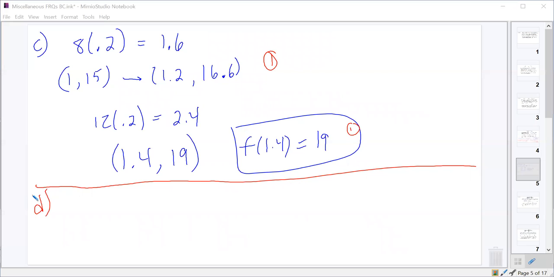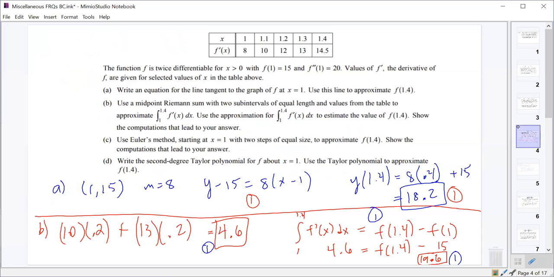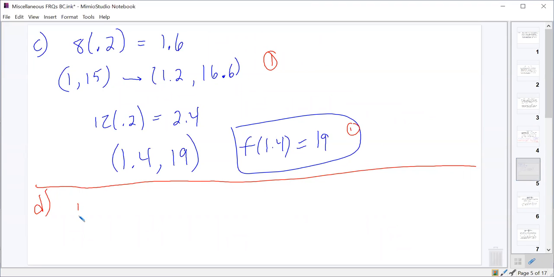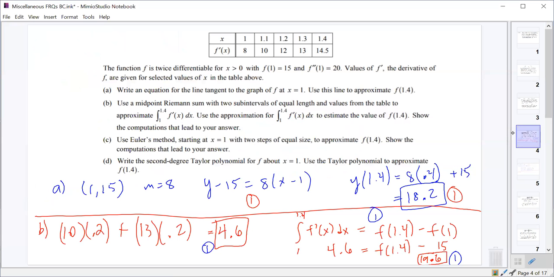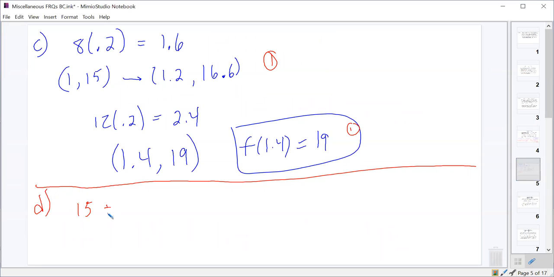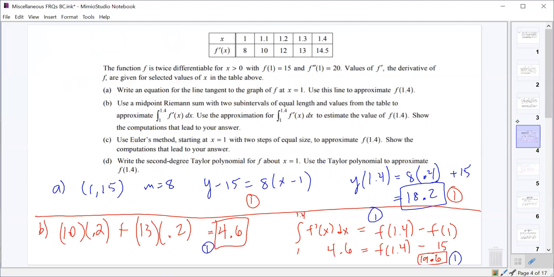And lastly, we'll use, I believe, a second degree Taylor polynomial about x equals 1 to approximate f of 1.4. So first off, we need the second degree Taylor polynomial, which should be starting with a 15, since f of 1 was 15. And then f prime of 1 was 8, so it should be plus 8 times x minus 1. And then the next one, f double prime, was what?